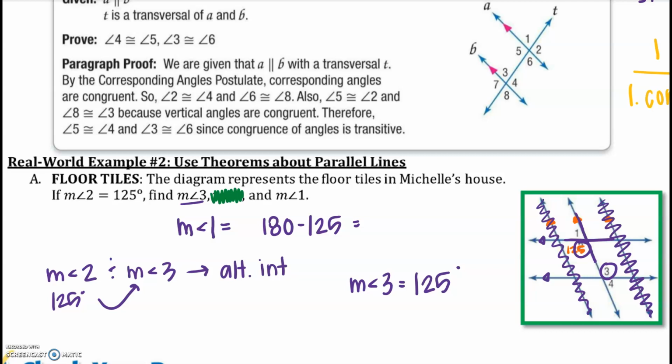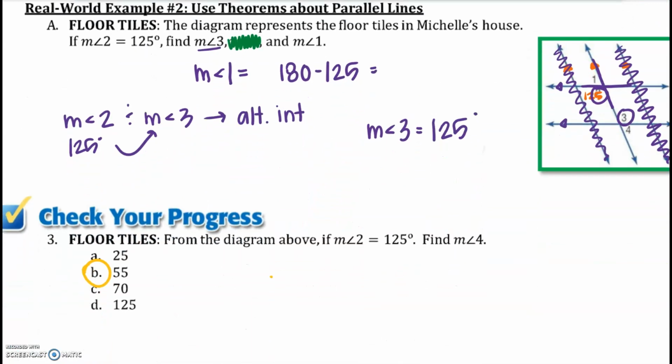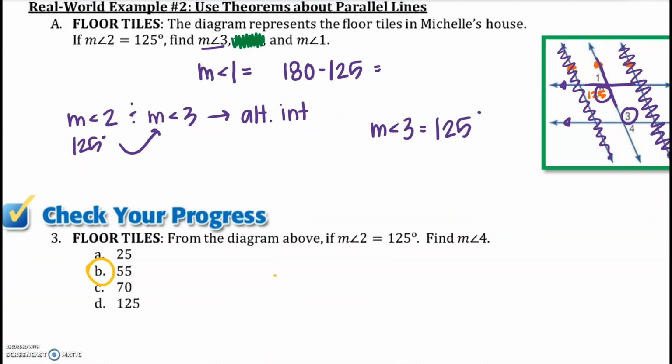All right, if you want to, go ahead and check your progress right below that. So your measure of angle 4 is going to be 55 degrees. I forgot to finish this one up here. That would be 55 degrees also.